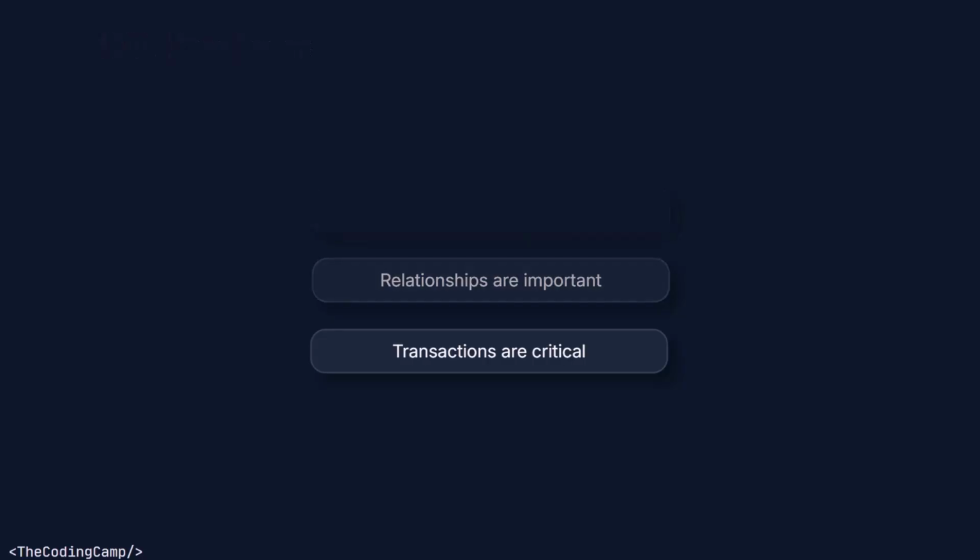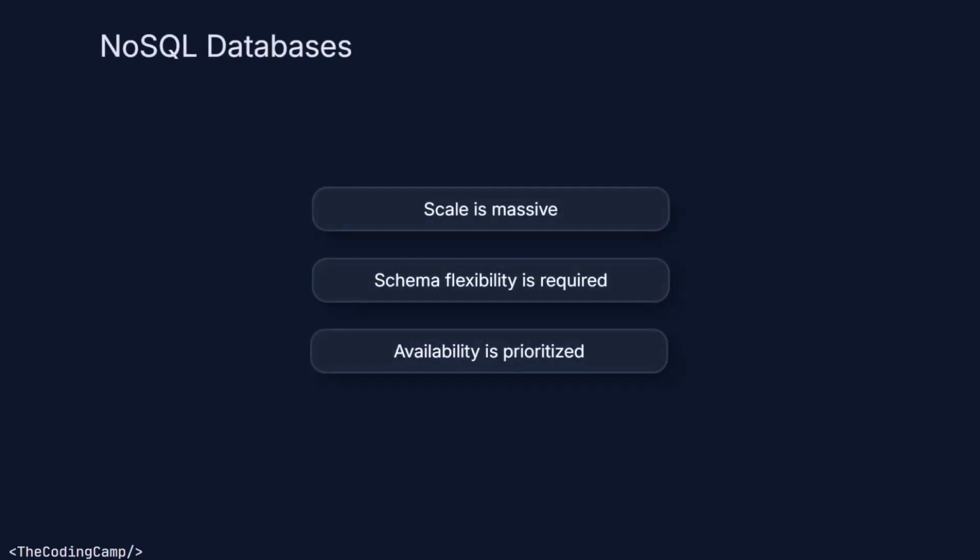NoSQL databases are reasonable if the scale is massive, schema flexibility is required, or availability is prioritized. For example, you can say, initially, I'll use PostgreSQL for simplicity and consistency. If scale becomes massive later, we can explore sharding or NoSQL alternatives.